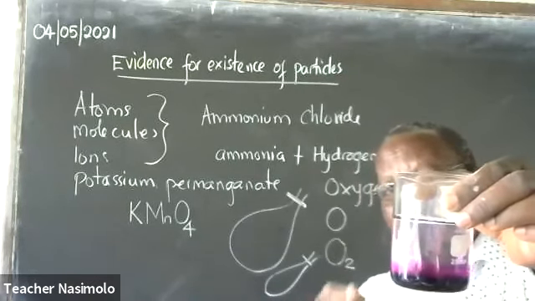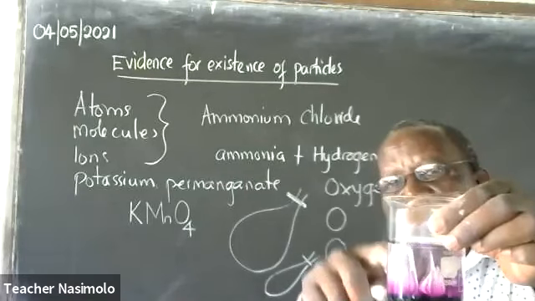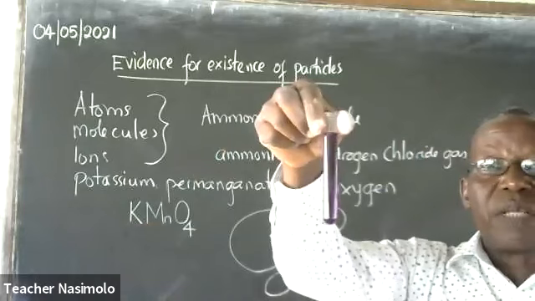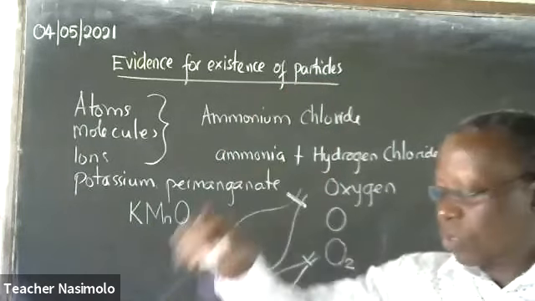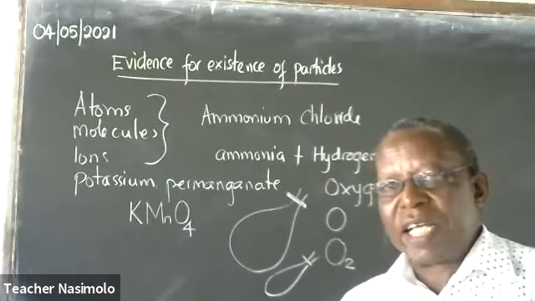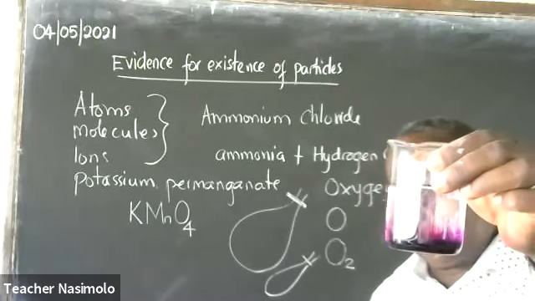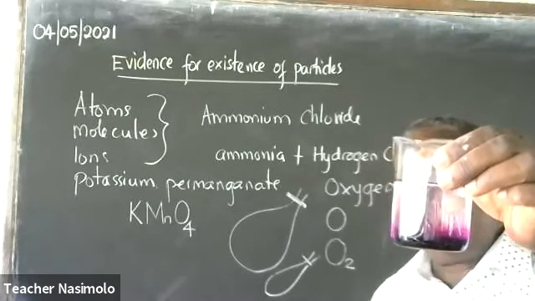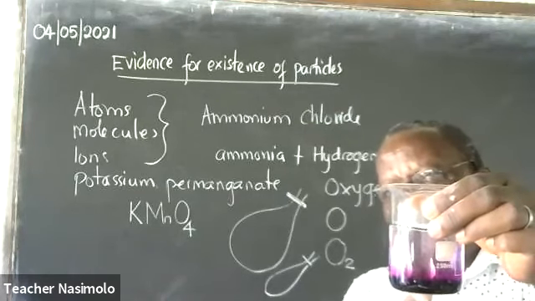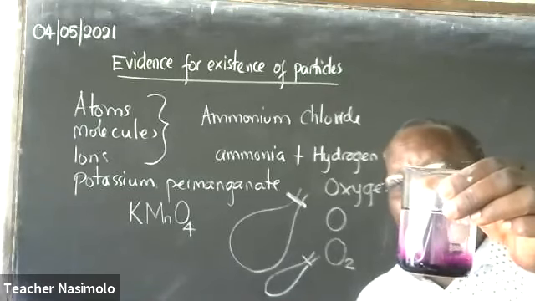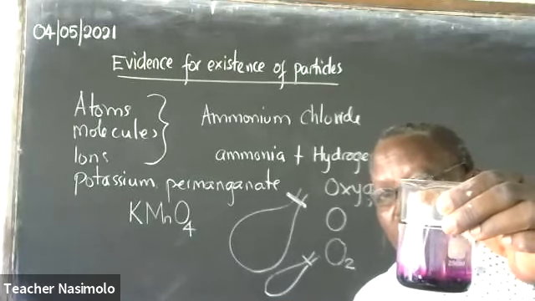And eventually, if we leave this experiment for the whole day, if you came back here tomorrow, you'll find that all this water will have the color purple, the way this one is, because the potassium permanganate particles were able to spread from the bottom where I dropped them to other places in the beaker where they were not available.